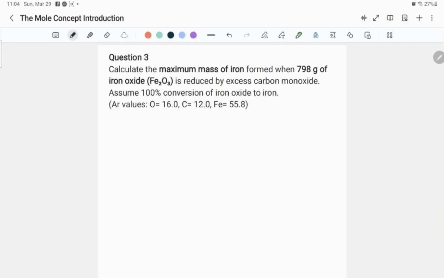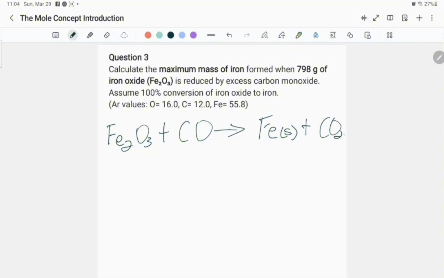The first thing we need to do is write a balanced chemical equation for this reaction. Iron(III) oxide, which is Fe2O3, reacted with carbon monoxide to produce iron solid plus CO2 gas.